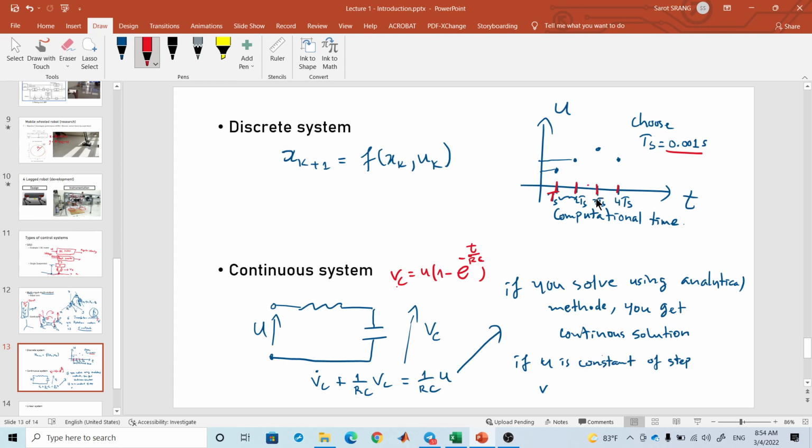You cannot get the exact value of u in between the sampling times like that. Okay. Yeah, this is discrete.